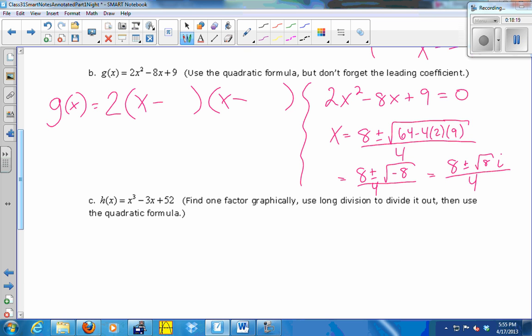So I've got 2 zeros: 8 plus root 8i over 4 and 8 minus root 8i over 4. So I take those 2 zeros, plop them back in: x minus (8 plus radical 8i over 4) and (8 minus radical 8i over 4).